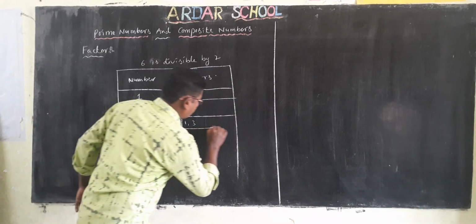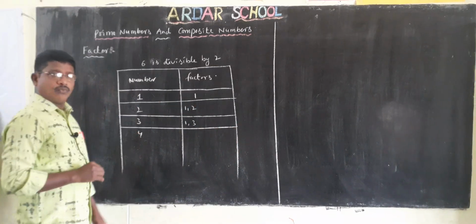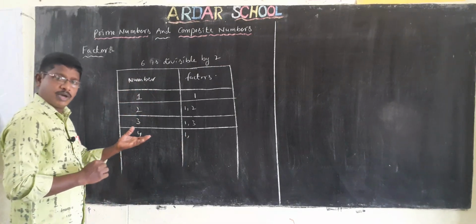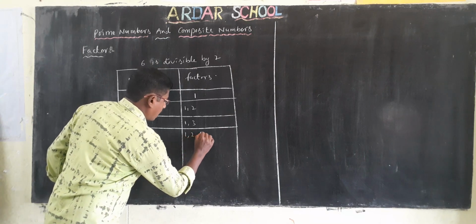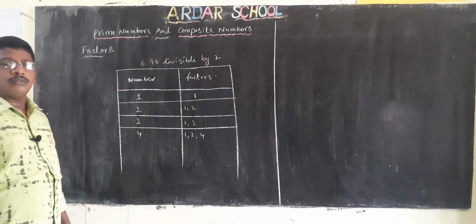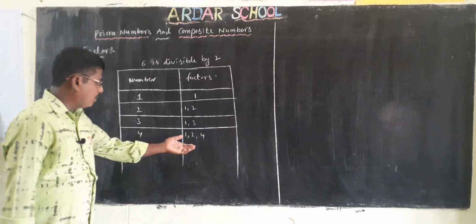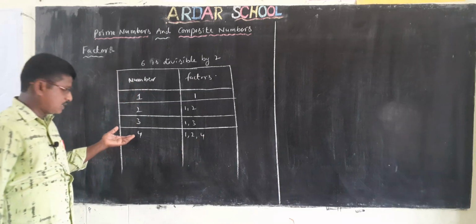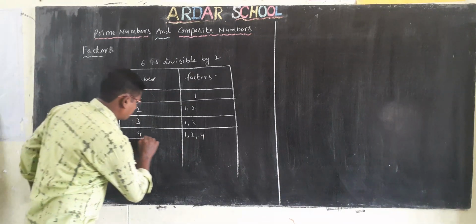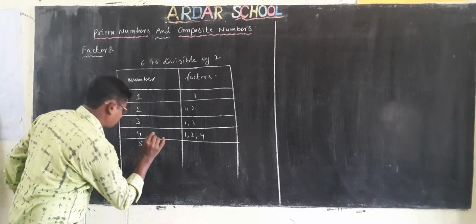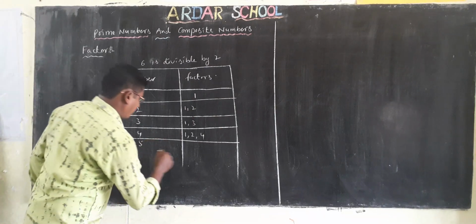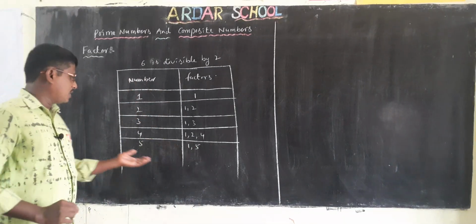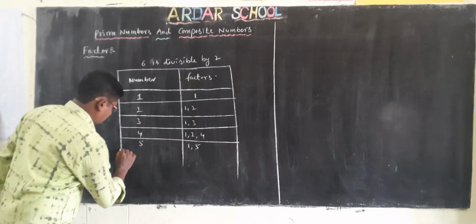Next, 4. 4 is divisible by 1, 2 and 4. That's why 1, 2 and 4 are factors of 4. Next, 5. 5 is divisible by 1 and 5 only, so 1 and 5 are the factors of 5.